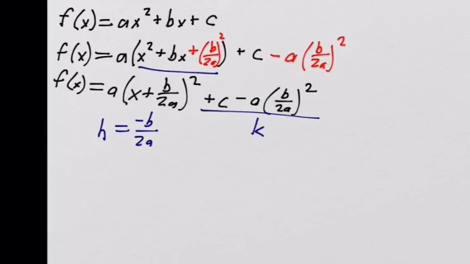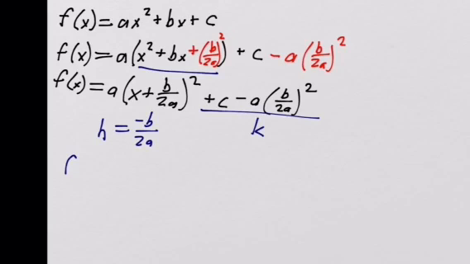Now, I deliberately didn't do anything with that because in actuality, we don't need a fancy formula like that for k. Because if I plug this minus b over 2a in for x up here, I have in parentheses minus b over 2a plus b over 2a. Well, that's 0. Squaring it and multiplying by a, it's still 0.